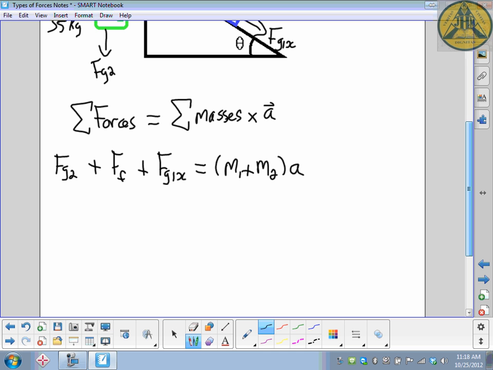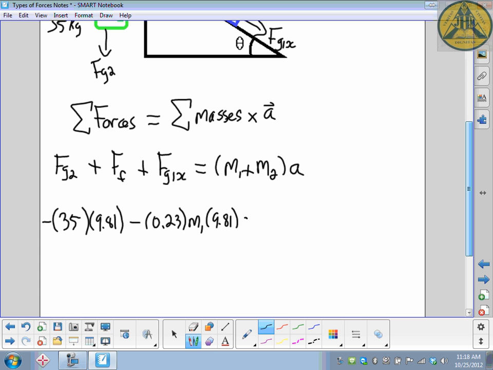Okay, so let's put our numbers in and describe my equations as I go to save a little bit of time. Force of gravity is going to be acting up the ramp. Force of gravity from the second mass is up the ramp, so that's going to be negative mass times 9.81. Force of friction is acting up the ramp, so it's going to be negative coefficient of friction, mass of the object, which we're trying to find, times the acceleration of gravity, so that's its force of gravity.